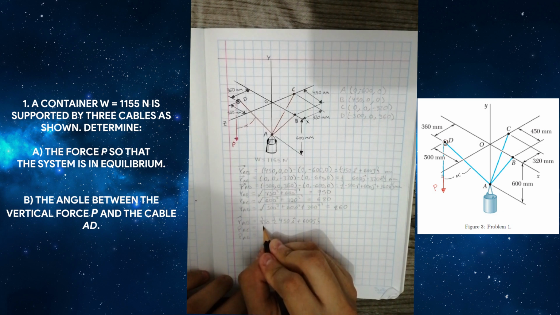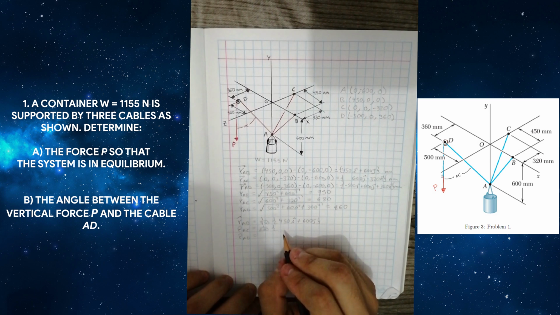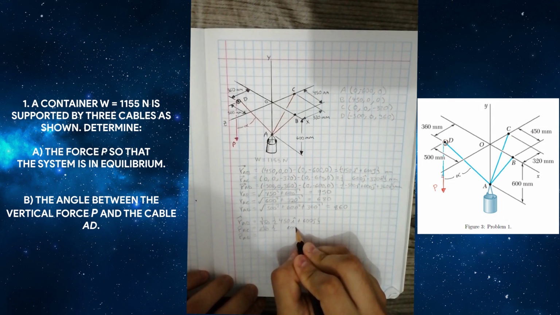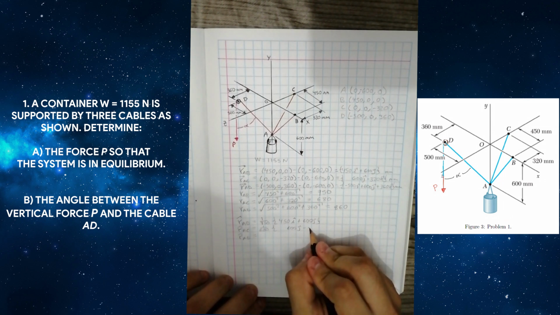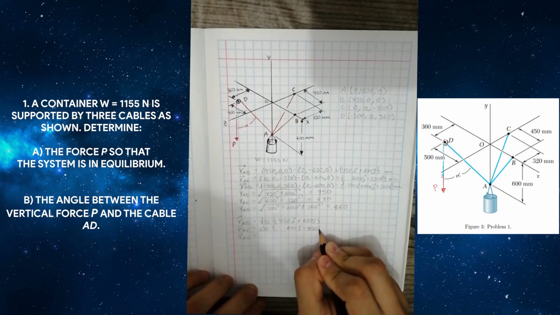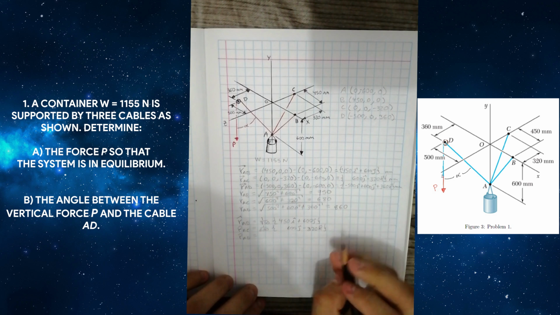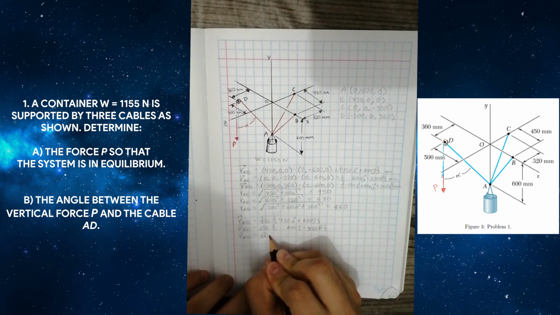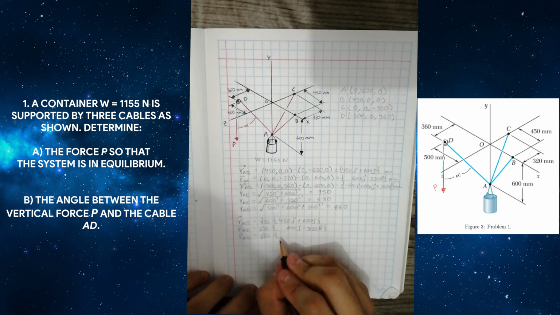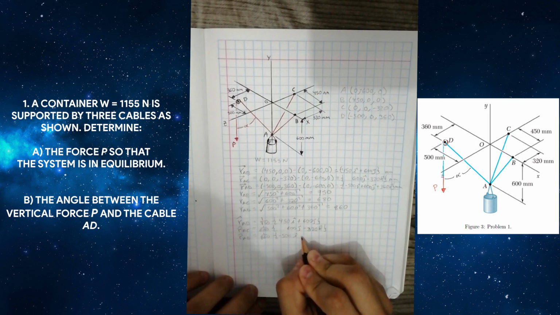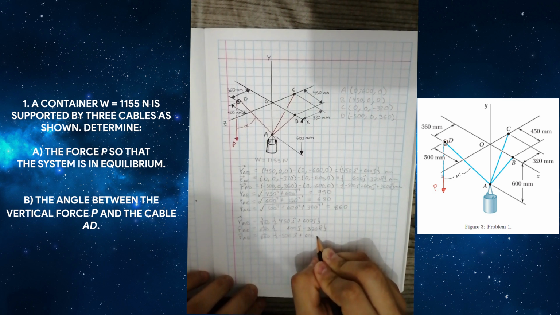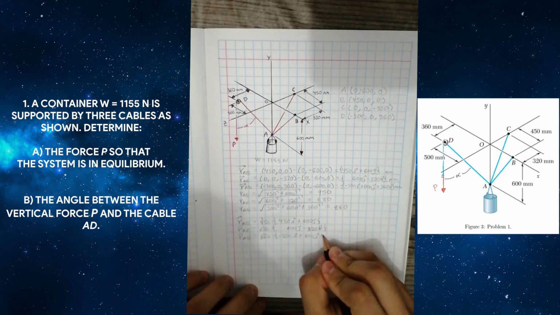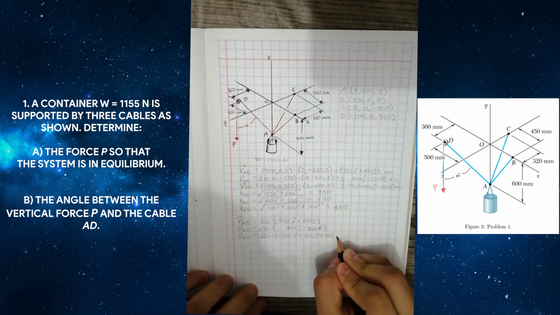For the next is 1 over 680 times its respective vector, that is 600j minus 320k. For the last is 1 over 860 times its vector, that is minus 500i plus 600j plus 360k.